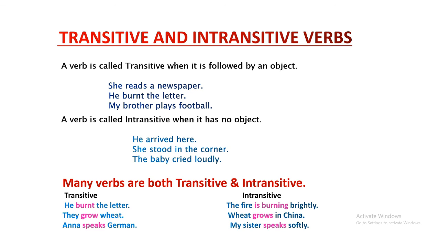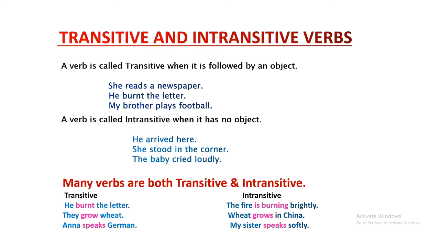The same verb as an intransitive verb: the fire is burning brightly. There's no object in that sentence, no receiver of the action. The word brightly is not the object. It is an adverb. It describes how the action happens. So is burning is an intransitive verb.